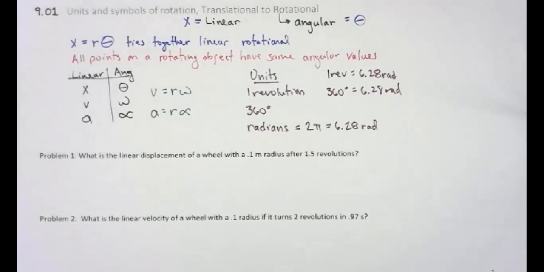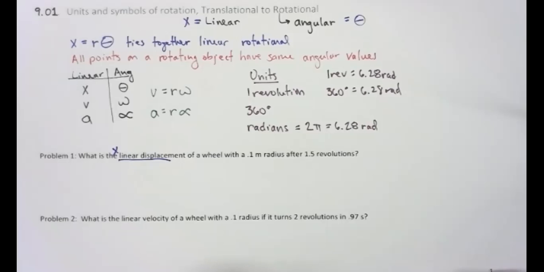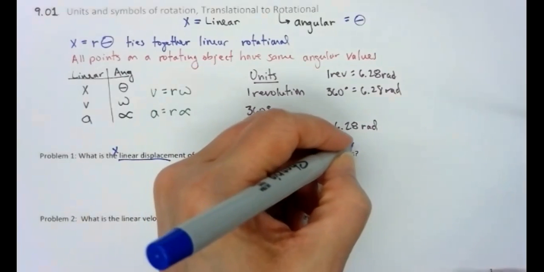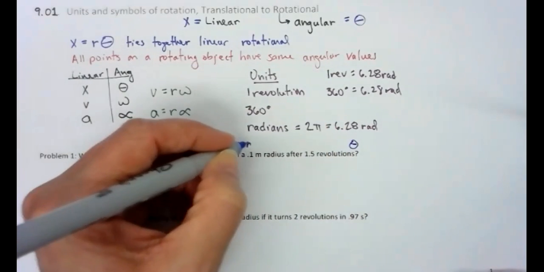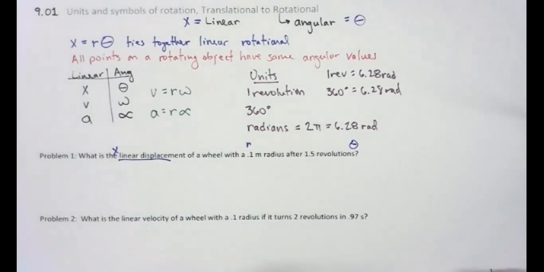So let's take a look at a couple of sample problems. What is the linear displacement of a wheel with a 0.1 meter radius after 1.5 revolutions? So we want to solve for linear displacement, which is x. We're given theta, and we're given radius, but this is in revolutions and not in radians.